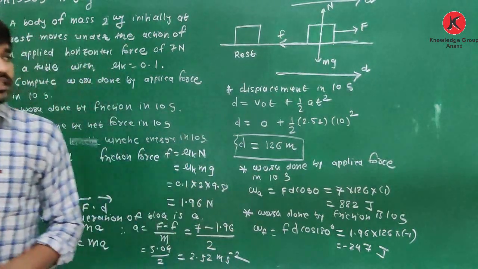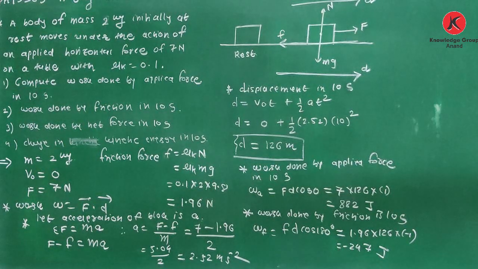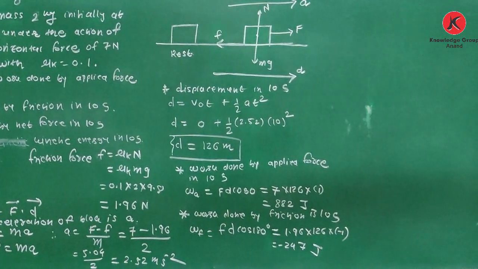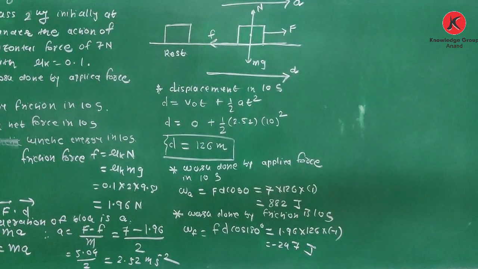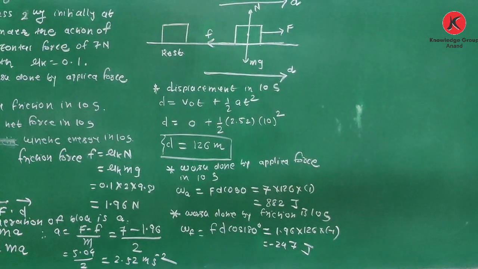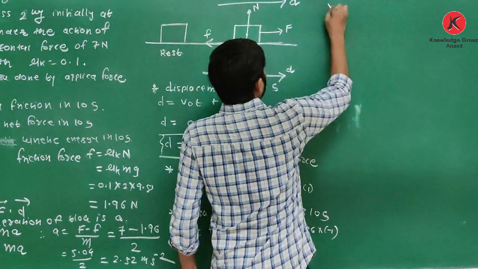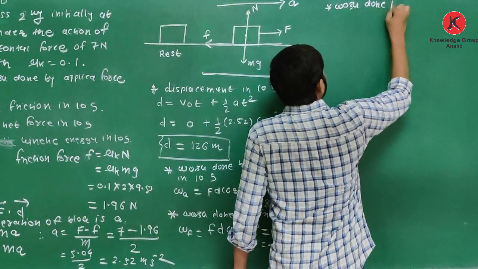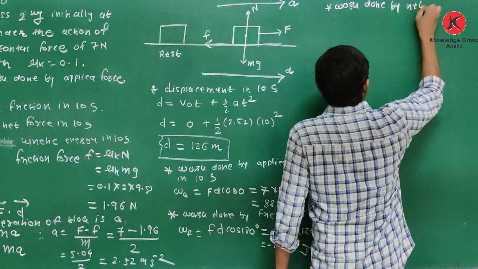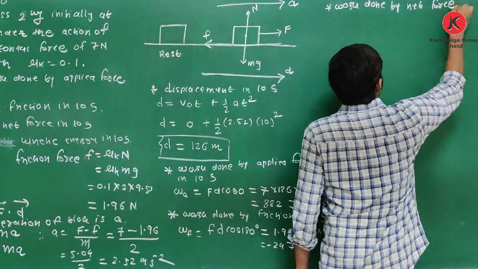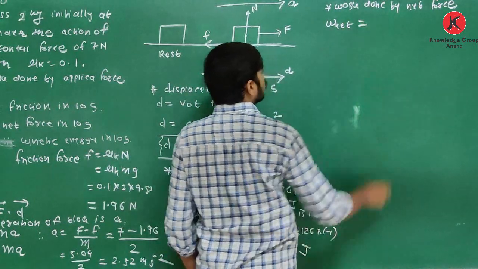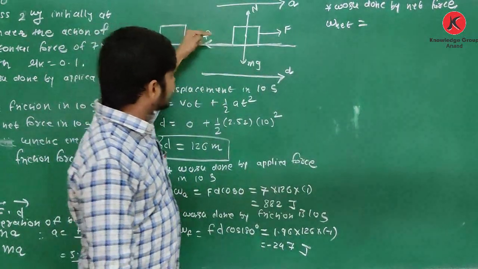Now the third question is, what is the work done by the net force? So now we will see it. W net is equal to net force into d cos 0, and the net force is acting in this direction.